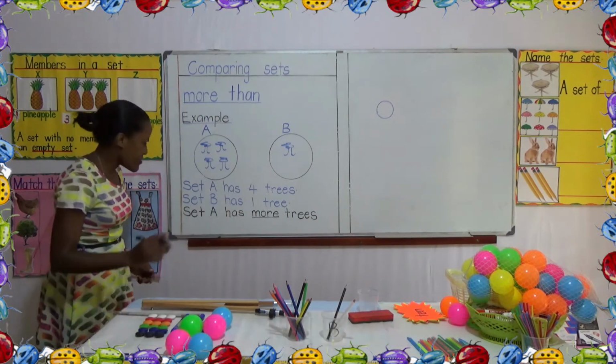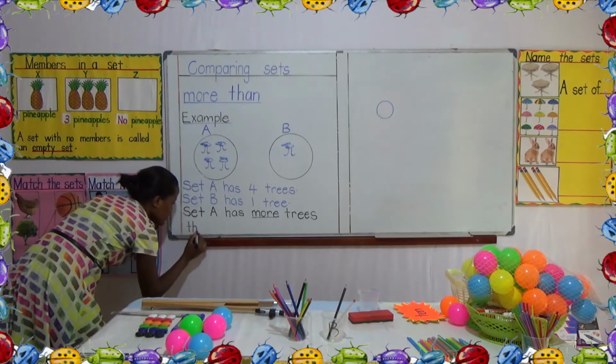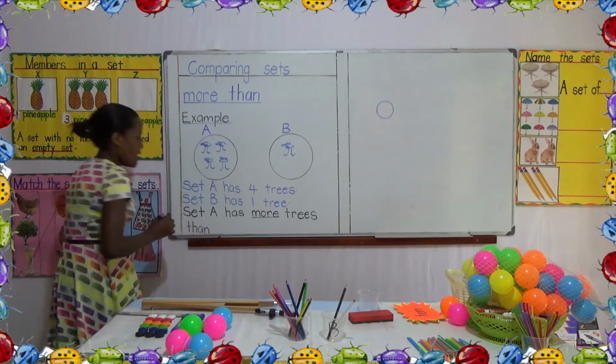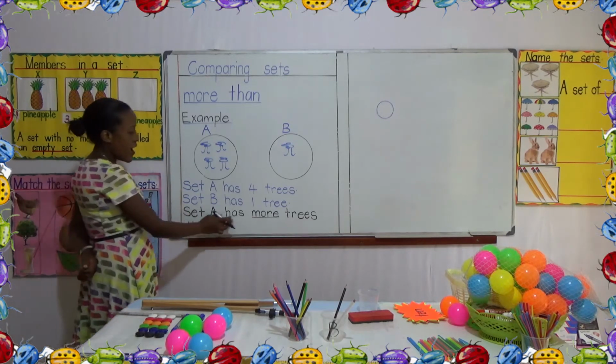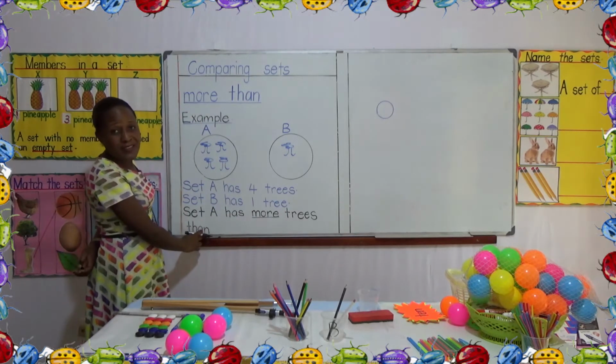It has more trees. We are writing set A has more trees than which set?